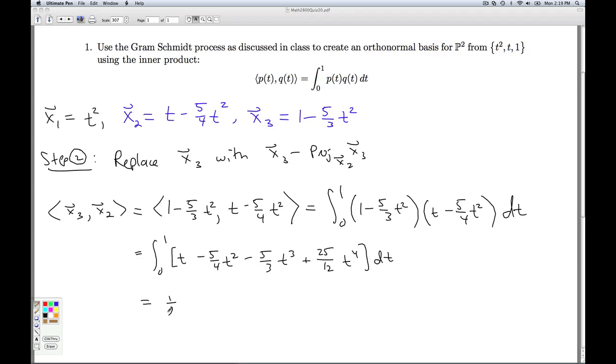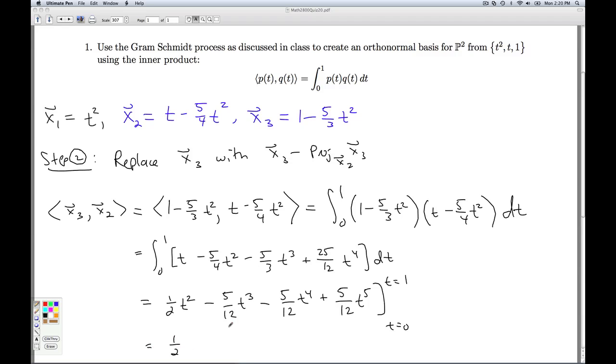So this gives me 1/2 t squared minus 5/12 t cubed minus 5/12 t to the 4th plus 25 over 60, which is 5/12 t to the 5th, all from t equals 0 to t equals 1.